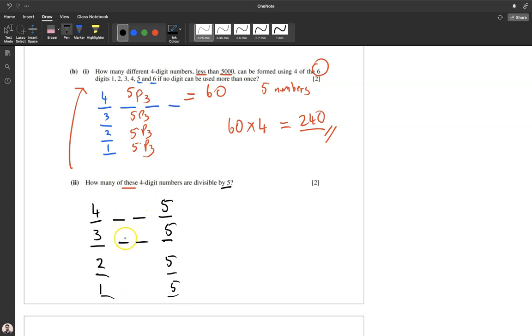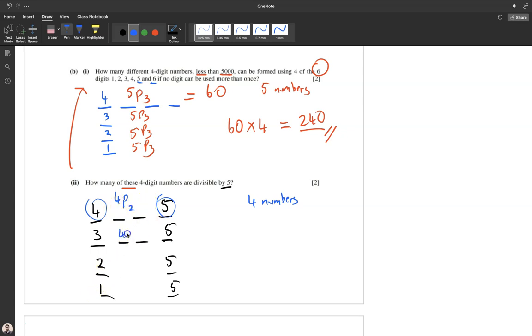What matters here is that out of the 6 digits, 2 of them have been used up. So I'm left with 4 numbers. I just need 2 more. So out of the 4, I choose, not choose, my bad, permutation 2, because I need to arrange them.